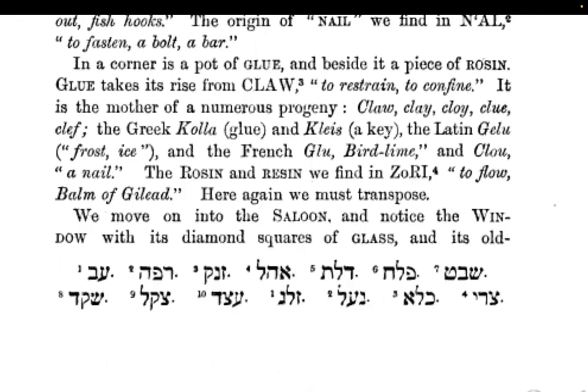The rosin and resin we find in zori. Zori would be Zaudi Resh Yod. It means to flow, balm of Gilead. Here again, we must transpose.